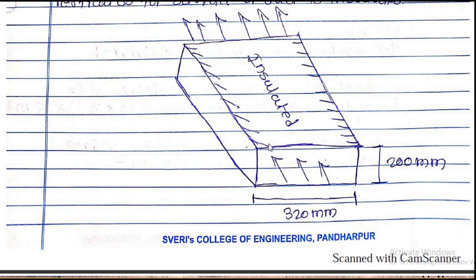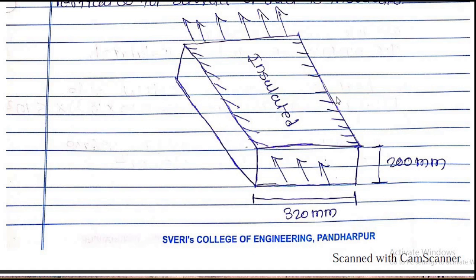For convection, the length of the duct is 15 meter, so the area of this side will be 200 mm, that is 0.2 meter, multiplied by the length of the duct, 15 meter.